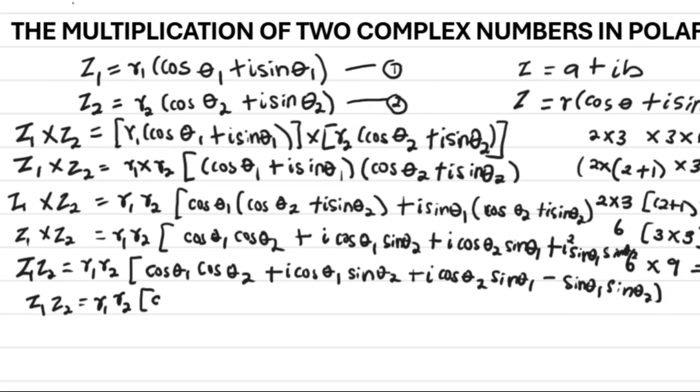So if we put cos theta 1, cos theta 2, then merging it with the last one, which is minus sine theta 1 sine theta 2. Now, the ones that have the imaginary parts, let's factorize I out.